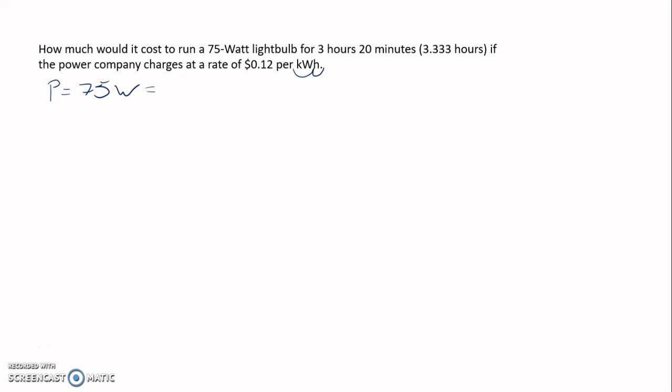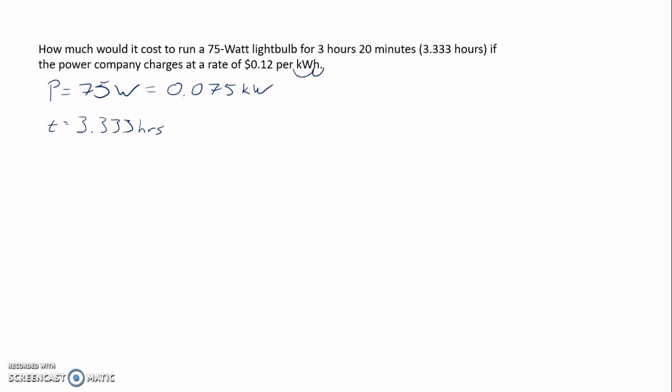Remember, kilo means 1,000, so we divide by 1,000, and we get 0.075 kilowatts. And the time is 3 hours and 20 minutes, which translates to 3 1/3 hours, or 3.33 hours.